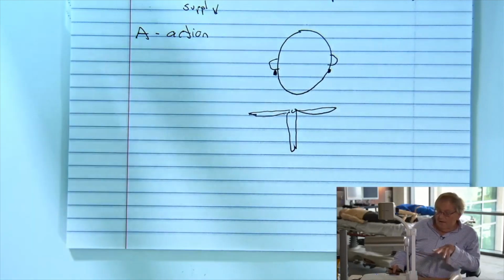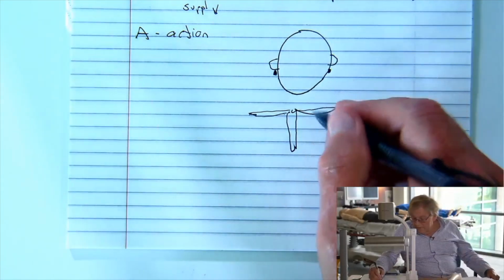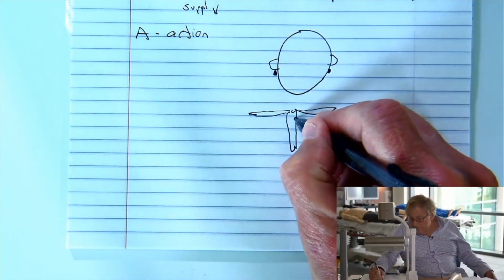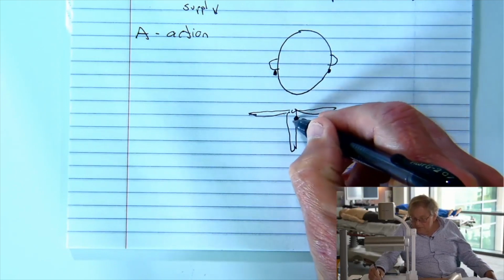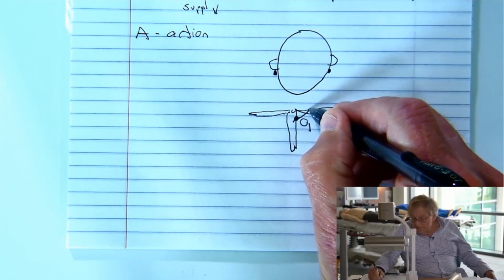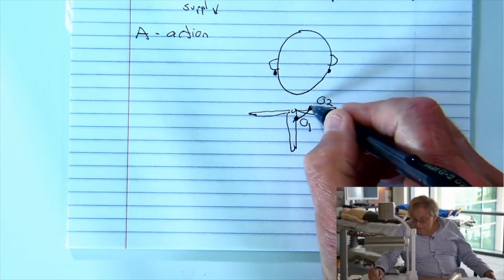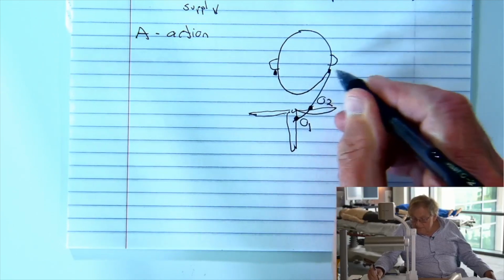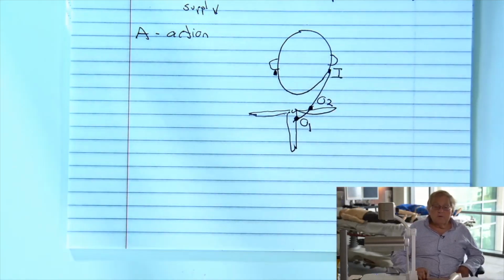I already said that it's got an origin from the sternum. So O1 is here. That's O1. It's going to come and cut across the clavicle. So that's O2. But then it's going to insert here. That's the I, and remember, that's going to be the mastoid process of the temporal bone.